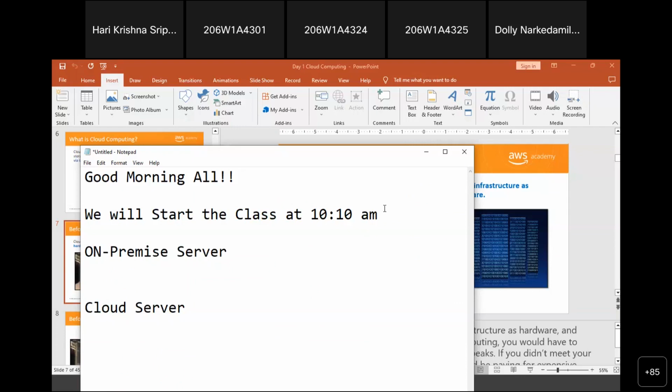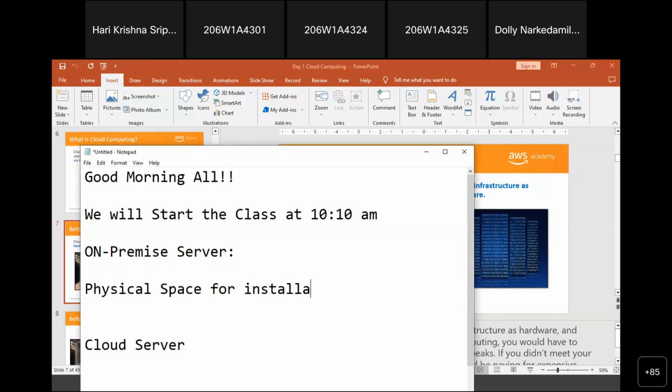For example, if I am maintaining my own server, let us see what responsibilities I will have. First, you need physical space for installation of your server, right?